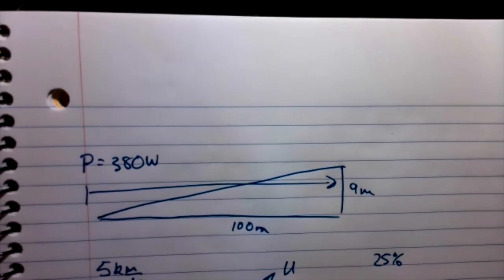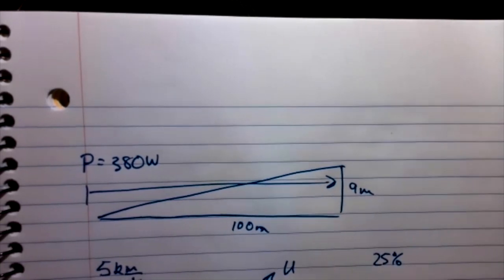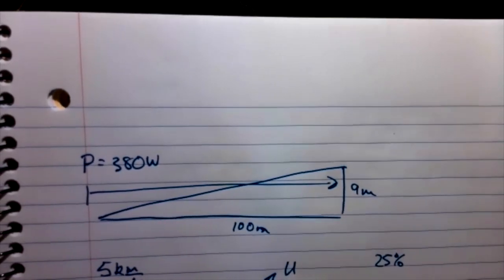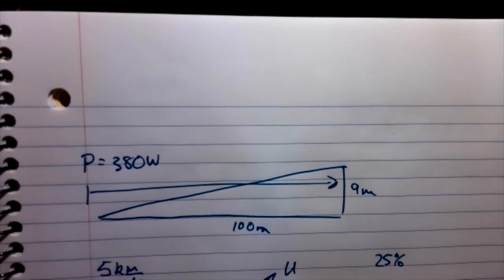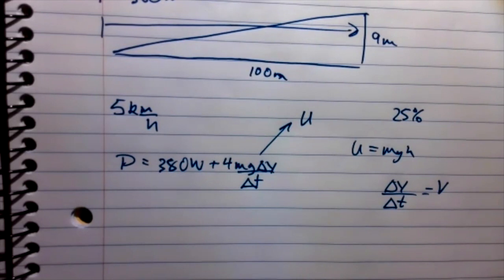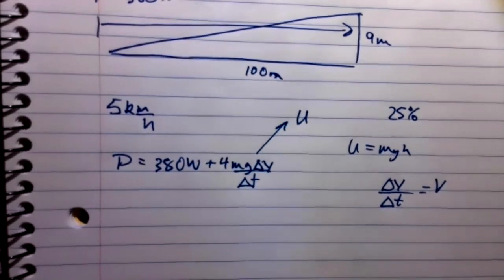Now, we also have delta y over delta t, and we're going to say that this is equal to our velocity. Okay, that's going to be our velocity.